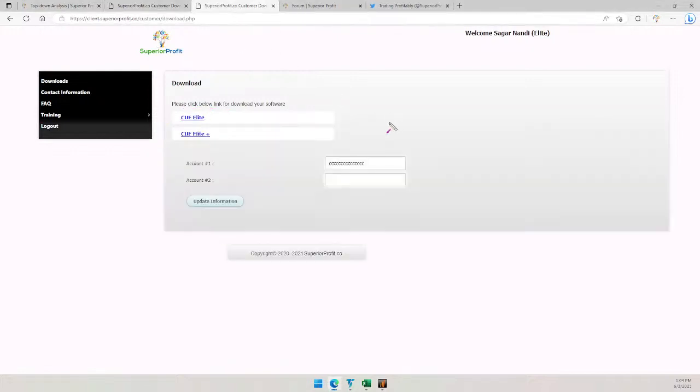Similarly, if you are having Q Elite plus the momentum signals, you will see Q Elite Plus on your download page. You may download and install only that one. You don't need to install Q Elite. And if you are not having the momentum signals, you will see only Q Elite on your download page and you may download and install that.